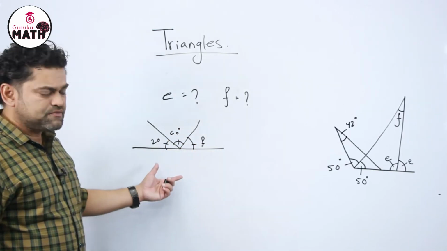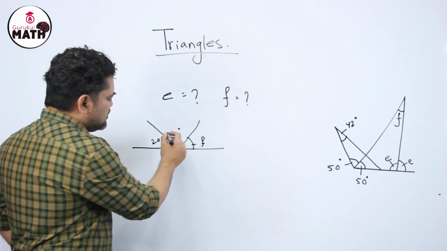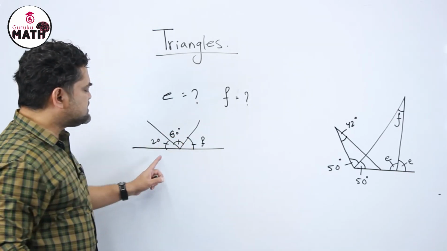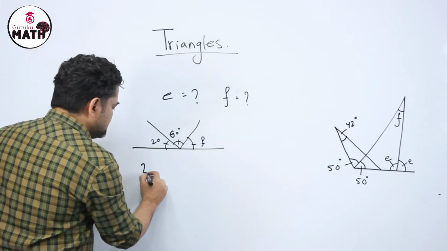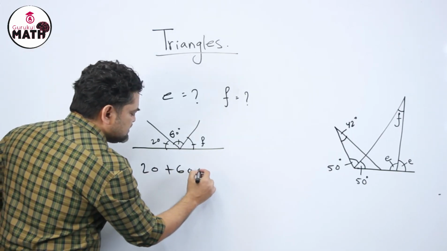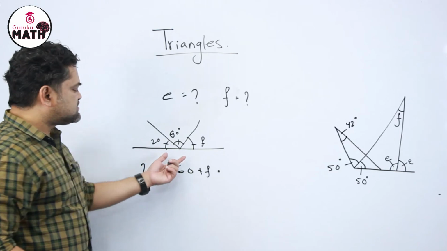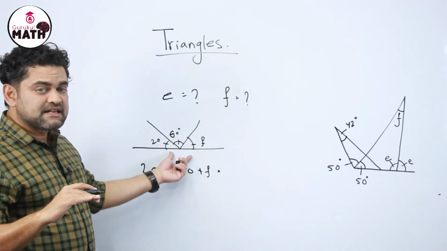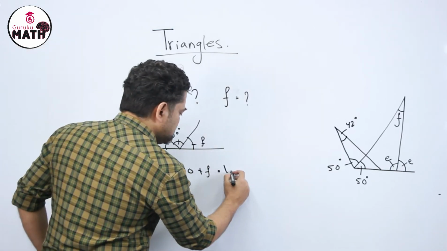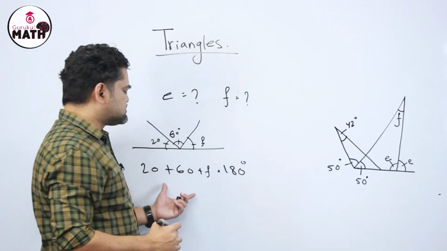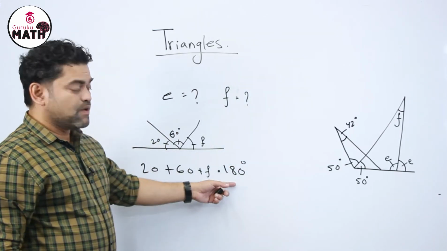If I add up all these 3 angles, 20 plus 60 plus F, then the sum of these three angles makes a straight line. So I can write here that the sum of these three angles on a straight line is 180 degree.